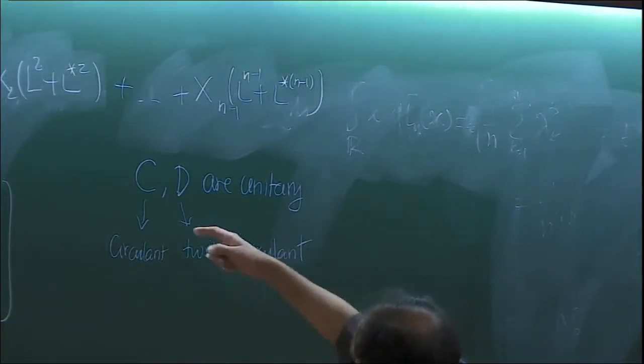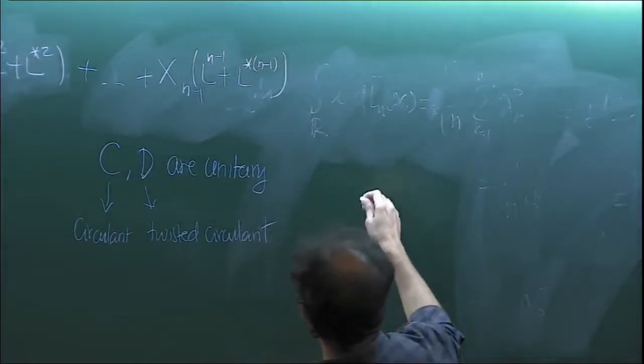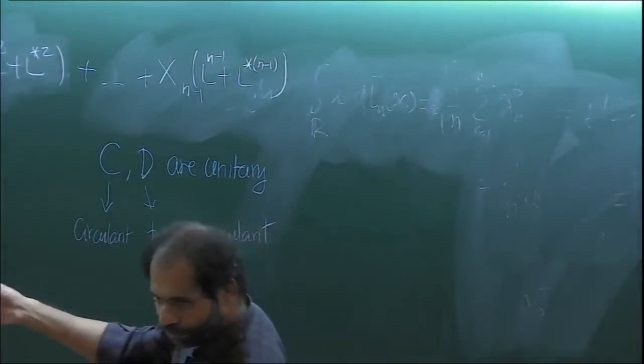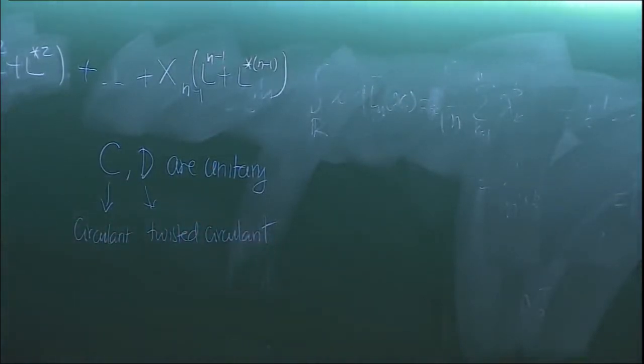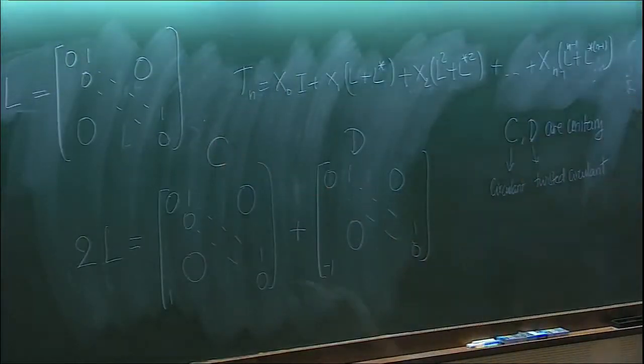But what happens then, but not only is L like this, if you do L square will have ones up here. So L square will be C square plus D square.